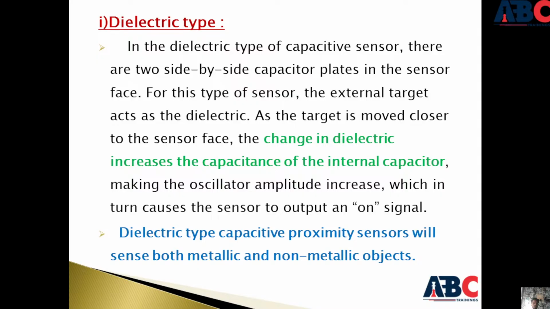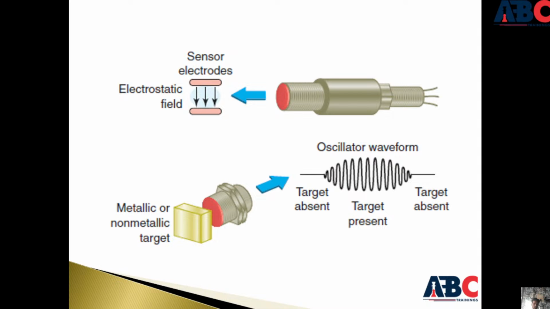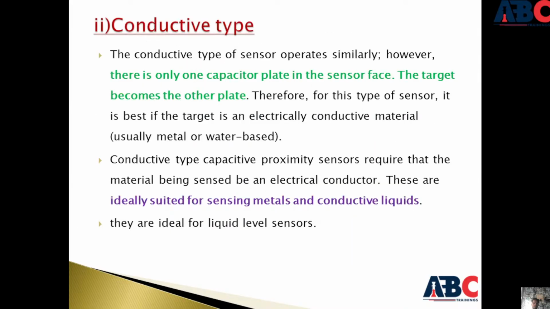As the target is moved closer to the sensor face, the change in dielectric increases the capacitance of the internal capacitor, making the oscillator amplitude increase, which in turn causes the sensor to output an on signal. Electrostatic field, oscillator waveform, and metallic or non-metallic target.